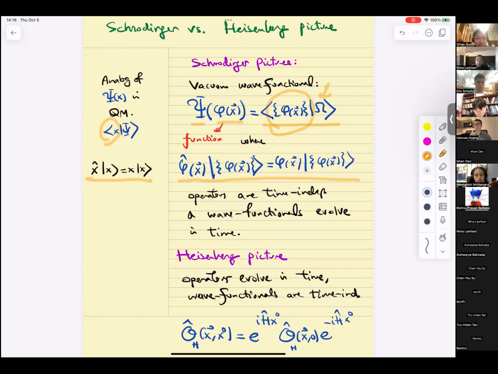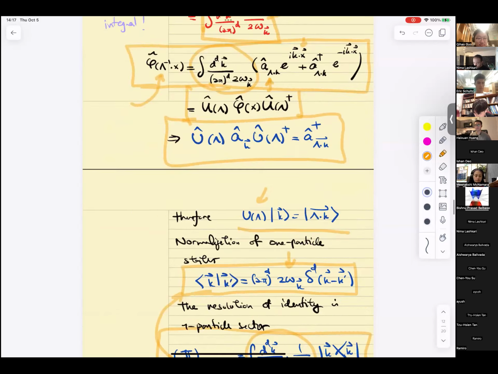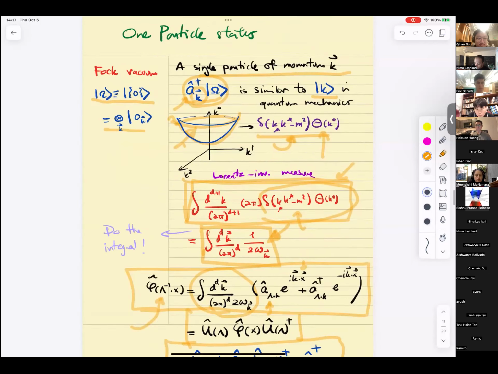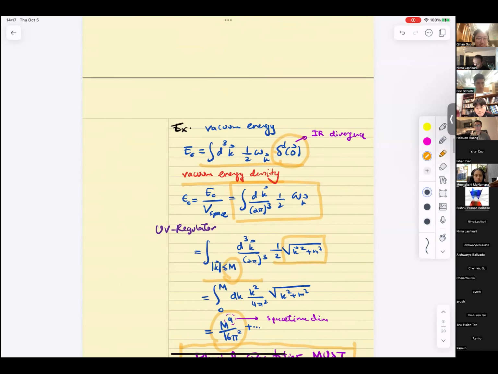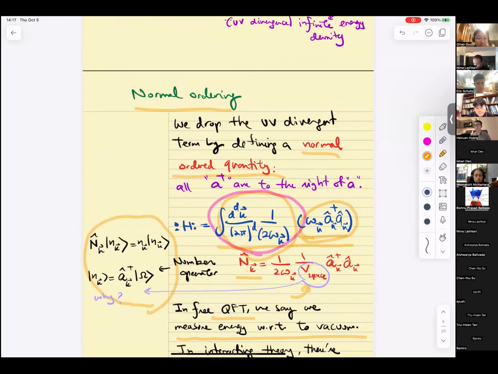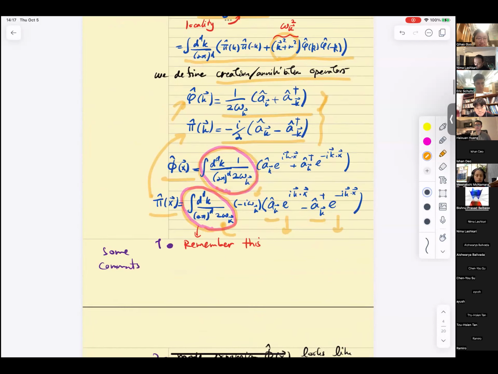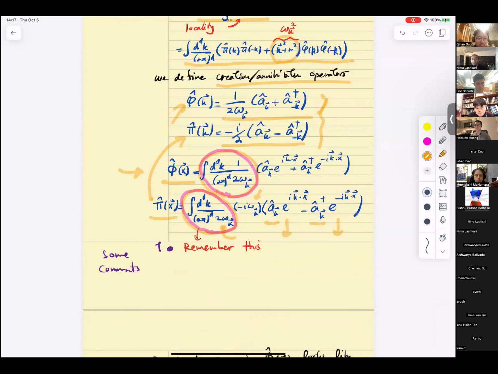But in the Schrodinger picture, operators are time independent and wave functionals evolve in time. In the Heisenberg picture, operators like phi hat will be time dependent, right? So in canonical quantization, in all these expressions that I wrote here, I pretend that these are time independent.